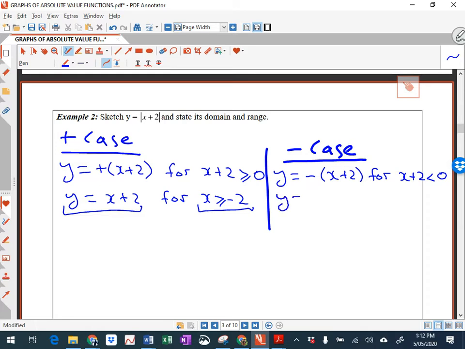All right, so that gives you y equals minus x minus 2 for x values less than negative 2. So I'm going to draw this line for x values less than negative 2. So let's do that.